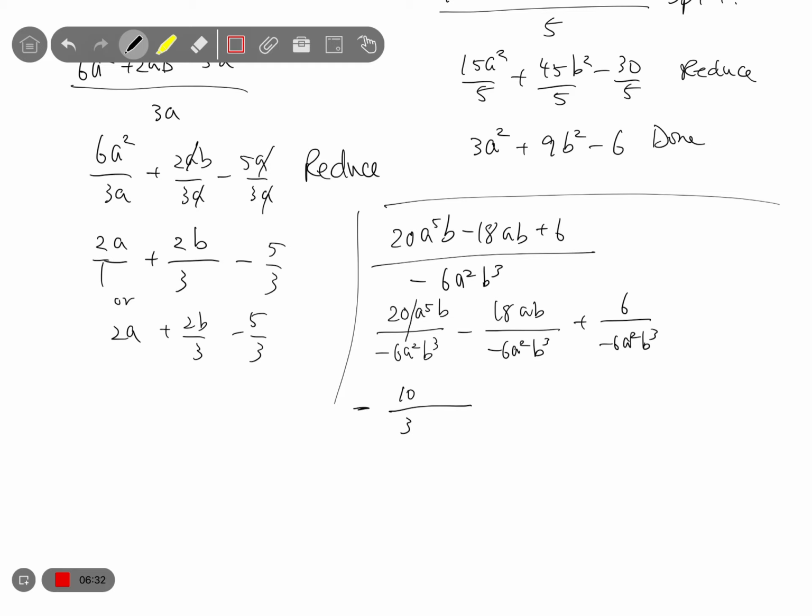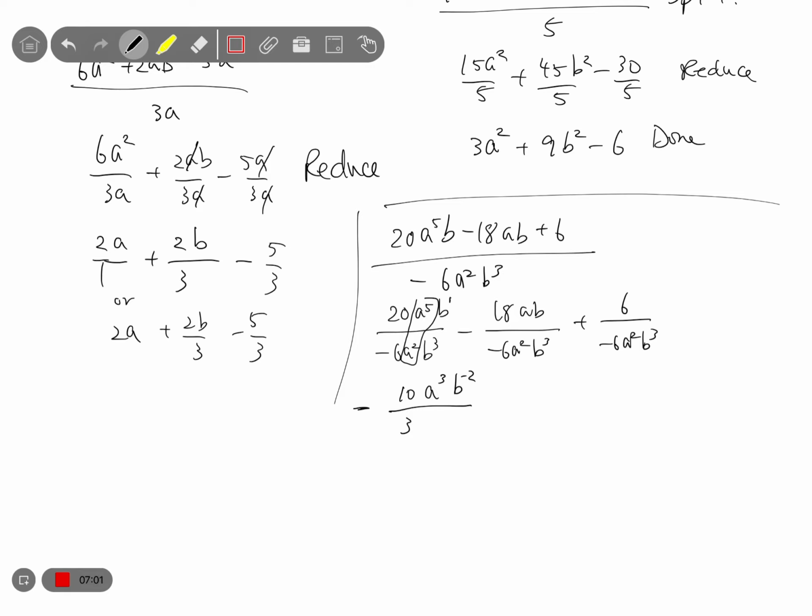A to the 5th divided by a squared. You can use the property: 5 minus 2 is a cubed, which is positive and stays on top. Now, b over b to the power of 3. If you do top minus bottom, which is what we typically do, you get 1 minus 3, which is b to the negative 2.